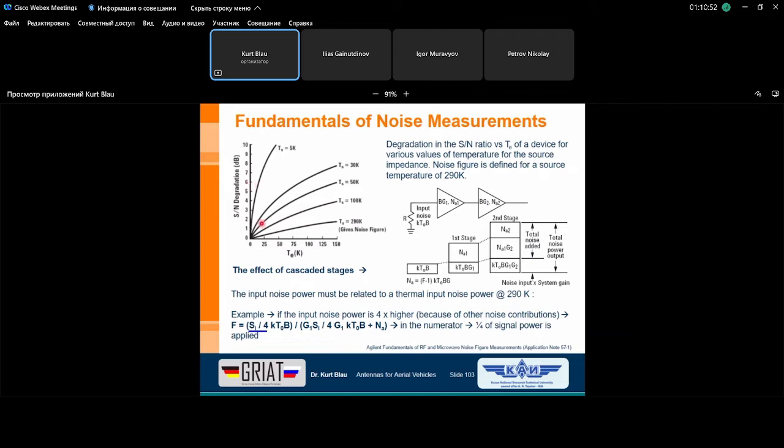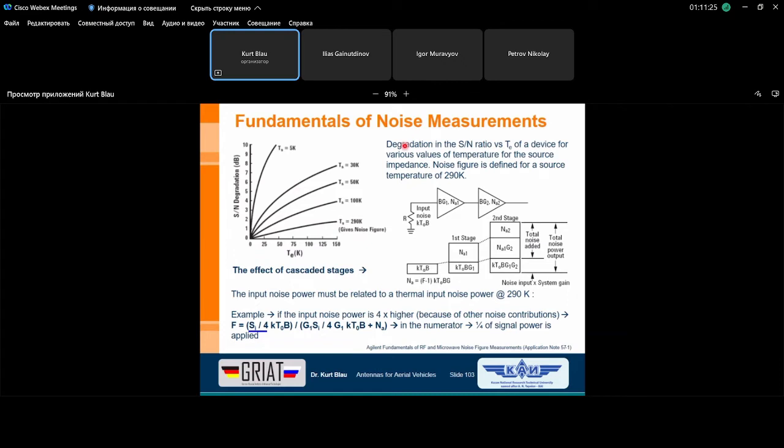This is only to show you why we have to ensure that our reference temperature in every case is given by this 290 Kelvin. Otherwise, and you can see this here, we make a very large error, and the determined noise figure is wrong with this deviation from the correct value.